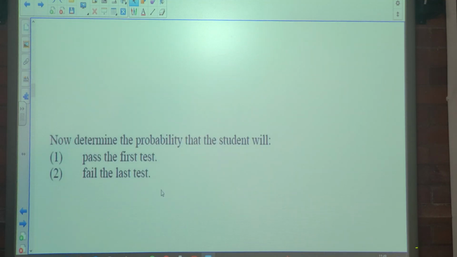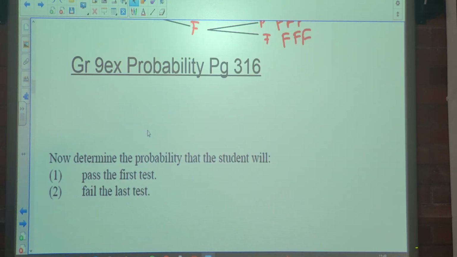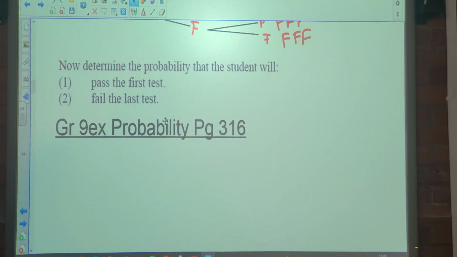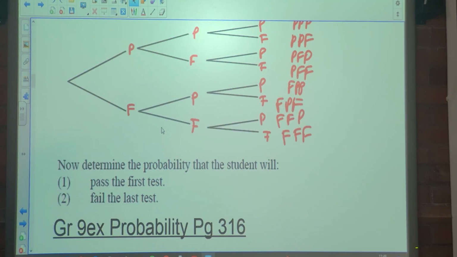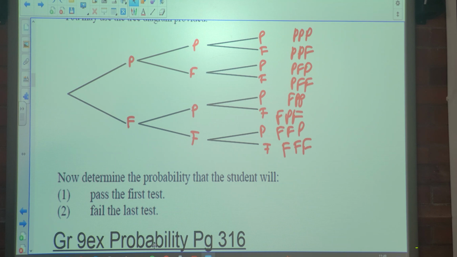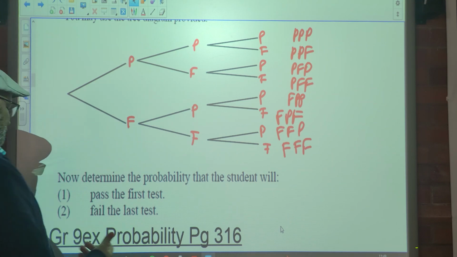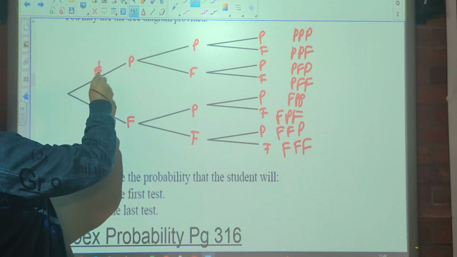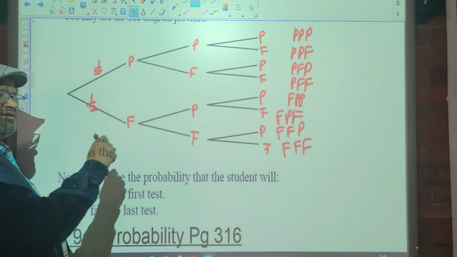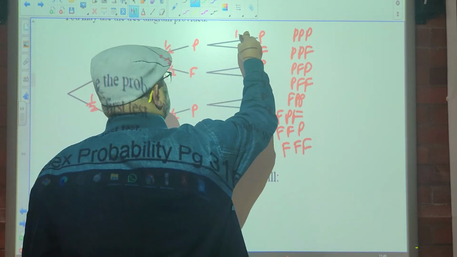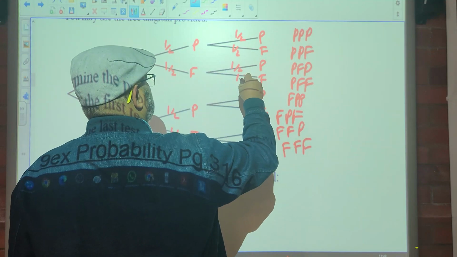So it says, now determine the probability that the student will pass the first test. As I said, I'm going to use a half and a half here, but it's not always so straightforward, okay? But you guys understand? Come, let us check if the answer is correct according to this.